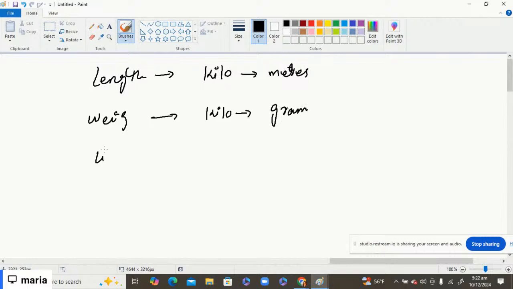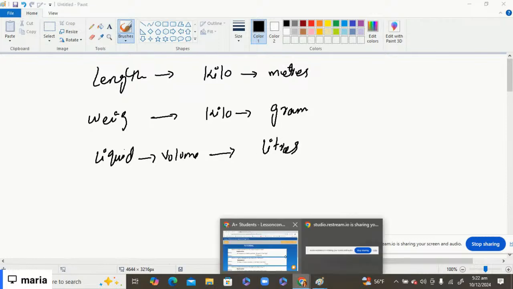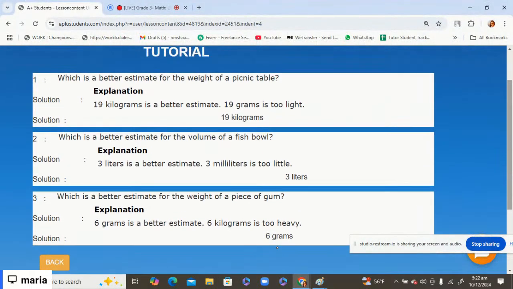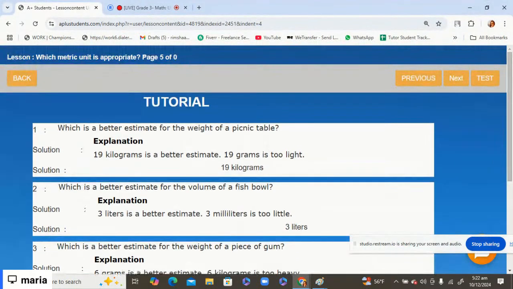But if involving liquid things like the volume, you are using the liters, kiloliters. So what is the better estimate for the volume of the fish bowl?